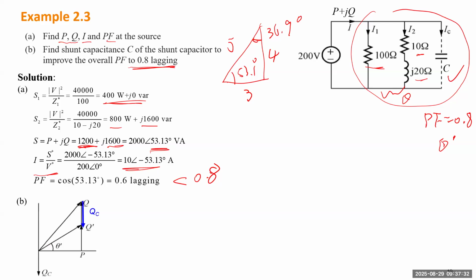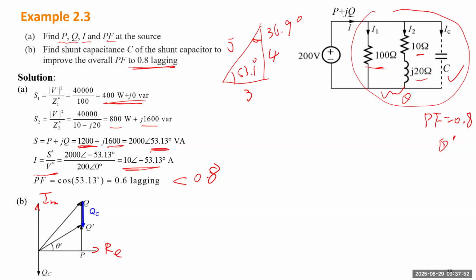Okay, so if we use a phasor diagram in the complex plane, this is the real axis, and this is the imaginary axis, to show the complex power. So this is P, 1200, right?